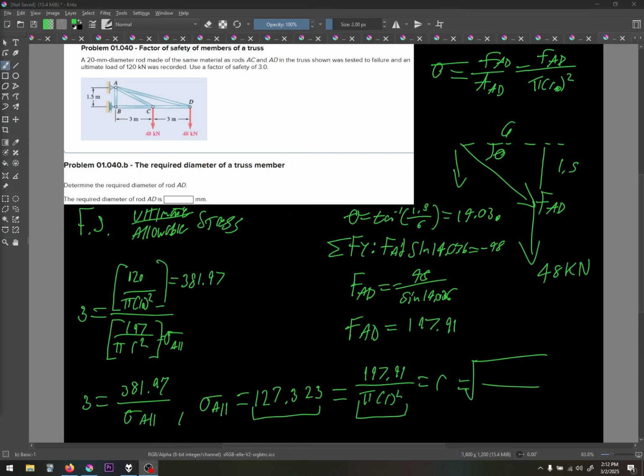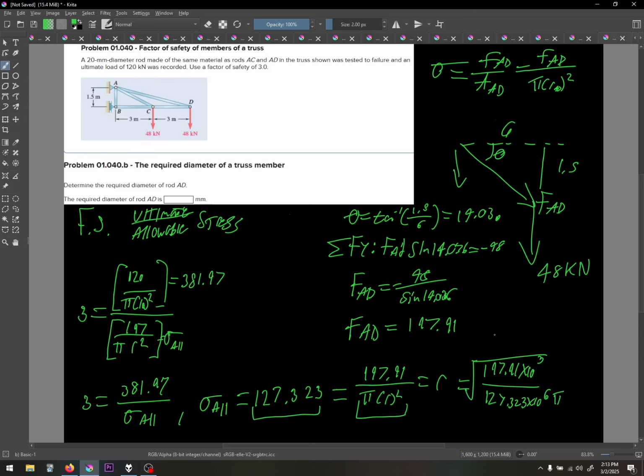It's the same thing as last time. This should be 197.91 times 10 to the third, and this should be 127.323 times 10 to the sixth pi. This should give you finally the right one. Oh my gosh, why do I always forget that? Times 10 to the third, times 10 to the sixth pi.